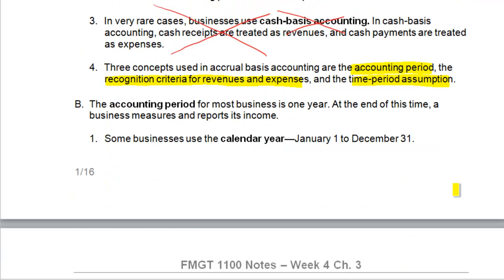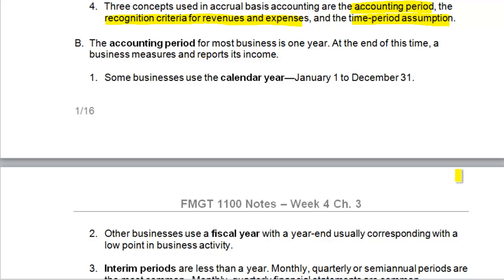Okay, so the accounting period basically says that although we assume that businesses will kind of operate indefinitely, we chunk time into periods during which we report financial information. And most businesses do that on an annual basis, right?